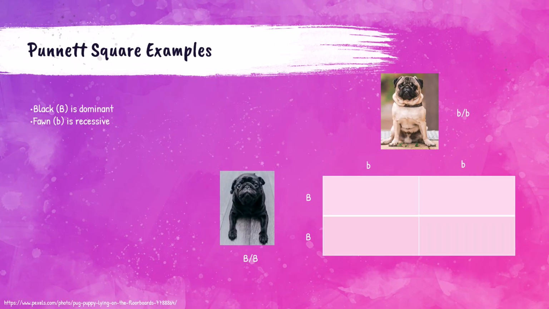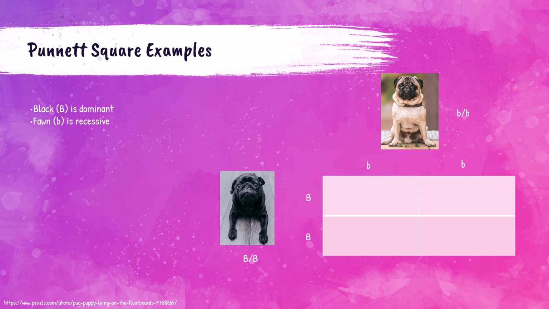Okay, so this is going to be my last example of using these cute little pugs, and hopefully by this slide you kind of know how to use a Punnett square and understand what we're talking about. In this breeding, we are going to breed a homozygous black pug.